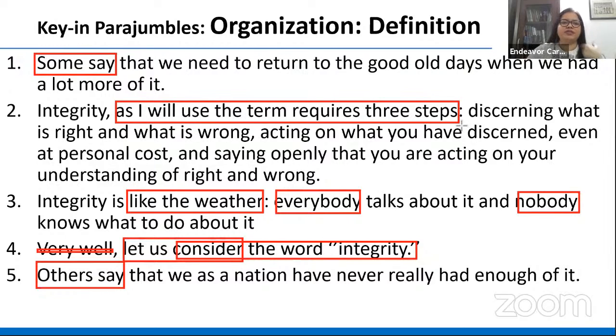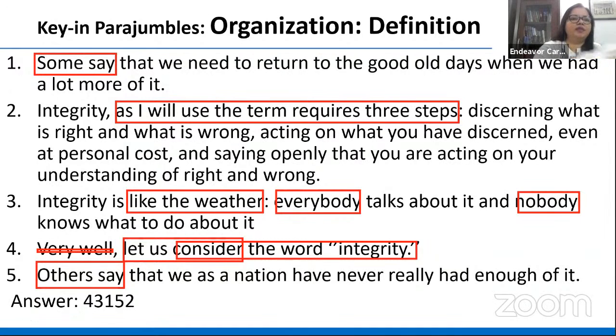So why do we want to say that the sequence here should start with 4? We move on to 3, and then we talk of 1, 5, and then 2. Why should we talk of 4, 3, 1, 5?